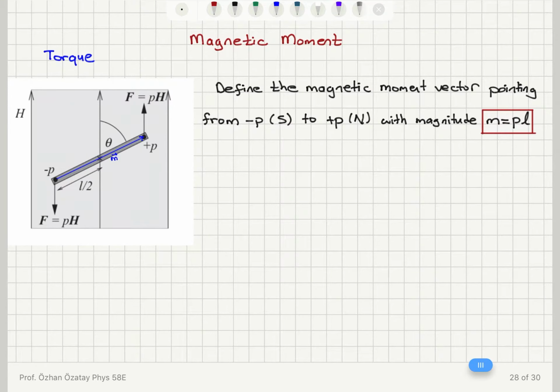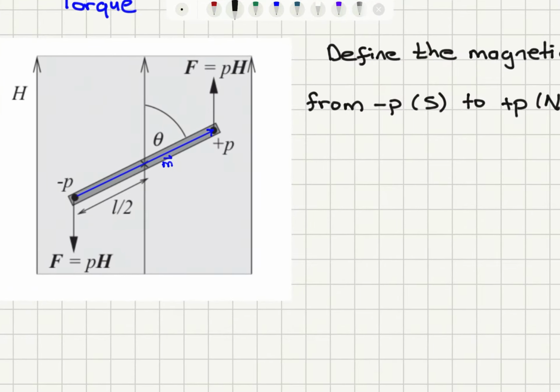Okay, so in this configuration, when you have a magnetic field that is pointing in the upward direction, we see that there is a force acting on these couple of poles. The magnetic moment always points from a south pole to a north pole. So the minus p is like a south pole and plus p is like a north pole. So we can see that the minus p, the south pole, will be attracted towards the external north pole.